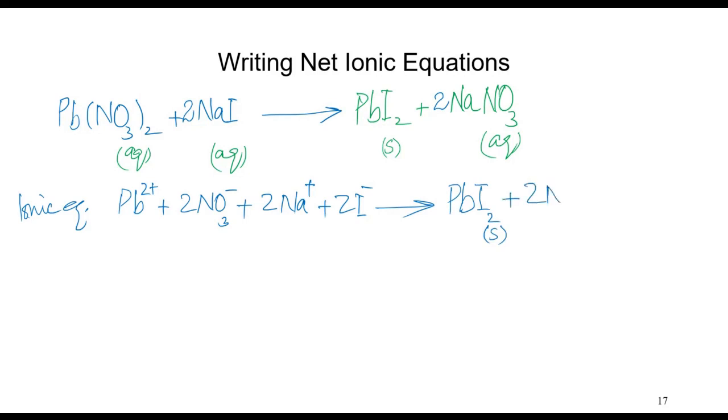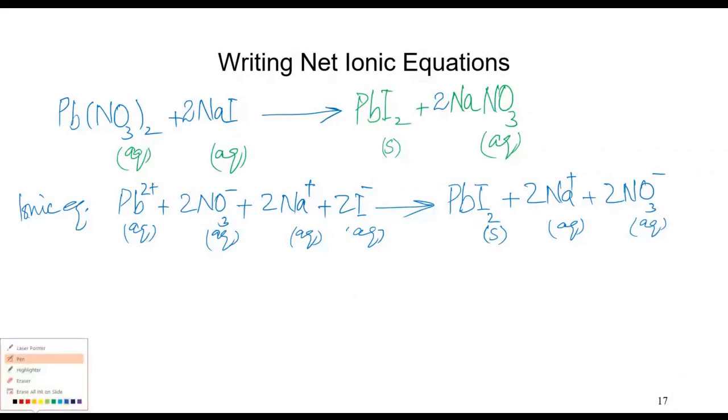How many Na? And how many NO3? But you will change only aqueous, AQ. You will not change any other. AQ, AQ, AQ. It is also AQ. Now this equation is known as the ionic equation. Now which ions are the same on both sides? Nitrate and sodium. Very good.